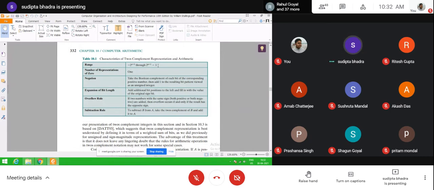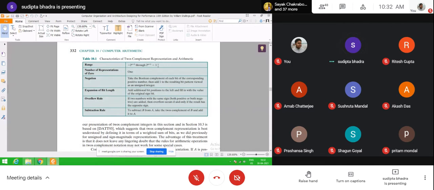Normally, how do we transform a binary number into two's complement representation? We take the bitwise complement, then add 1. That is the two's complement representation of that number.